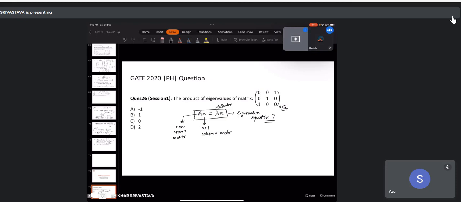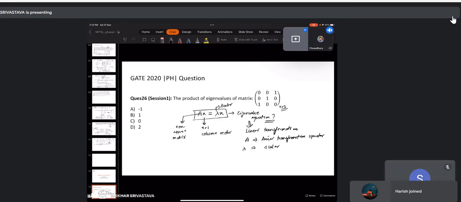So this is a kind of eigenvalue equation, which is nothing but a kind of linear transformation. In this equation, A is some linear transformation operator. It can be in matrix form or it can be in some other form also. Here it is in matrix form. Lambda, as already said, is some scalar.